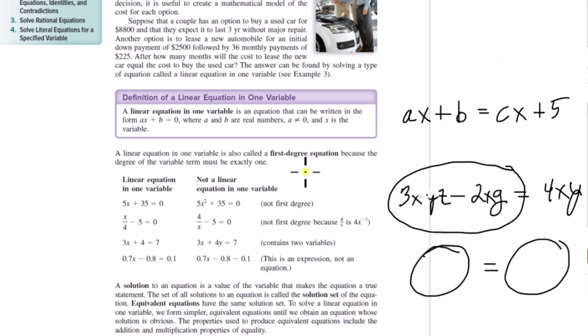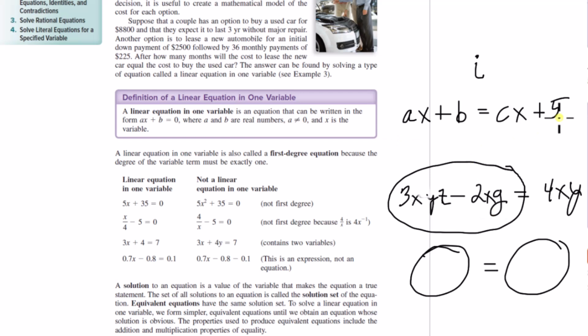Now, it does mention that a and b, these coefficients here, are real numbers. Without going too deep into this, you can think about complex numbers. Since we've talked about how an expression with i is also a constant, it would probably make sense that you could allow a and b to be real or complex numbers, and you would still have a linear equation in one variable.